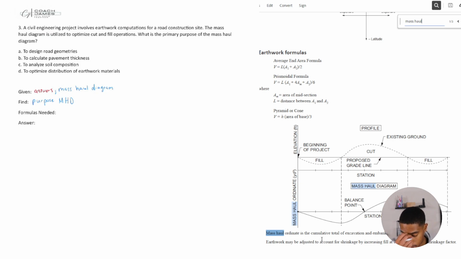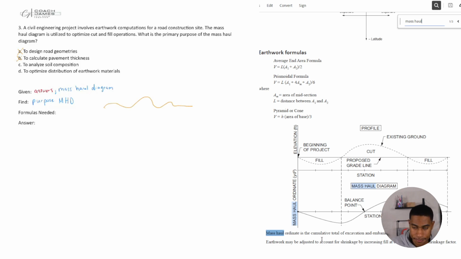So what's the best answer here? To design road geometries? No. Road geometries is like how much the curve is going to be, the geometry of the road, which means it could be curvy or flat. So that's wrong. To calculate pavement thickness? I don't see anything about pavement thickness here. To analyze soil composition?